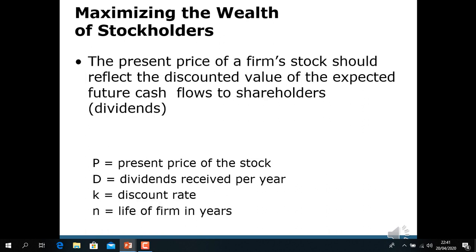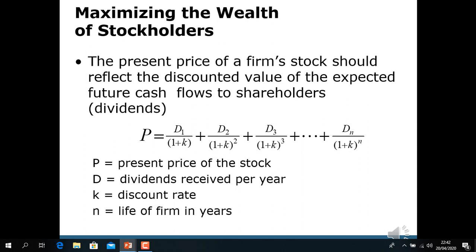And then the present price of a firm's stock should reflect the discounted value of the expected future cash flow to shareholders, or dividends, where P is the present price of the stock, D is the dividend received per year, K is the discount rate, and N is the period of life of the firm.